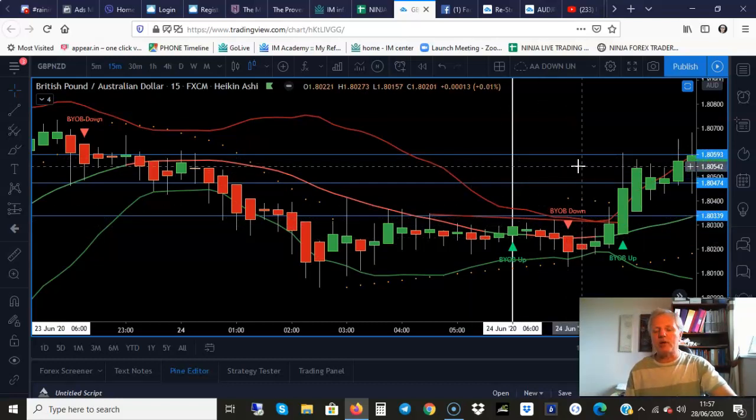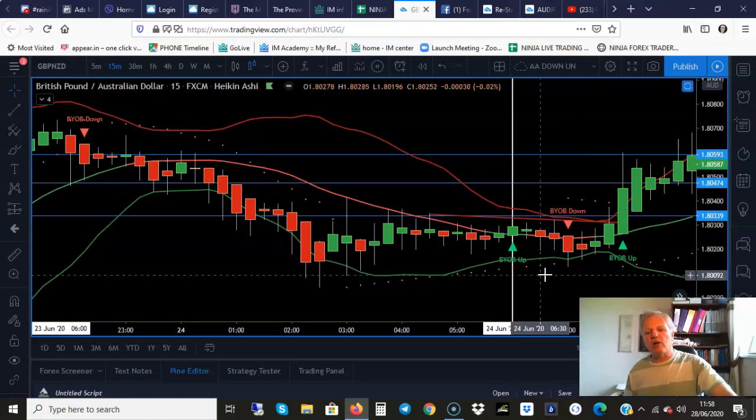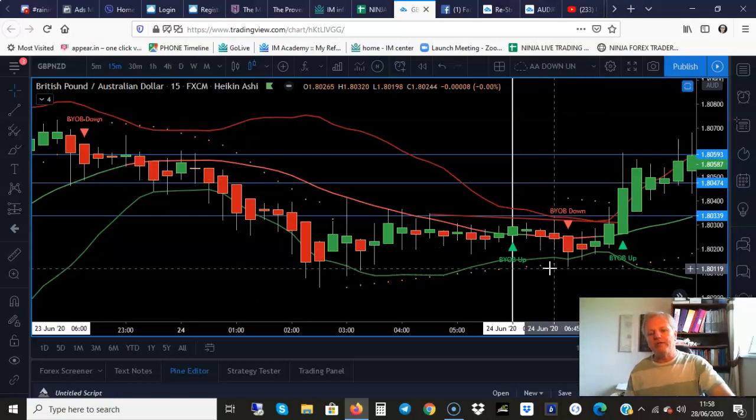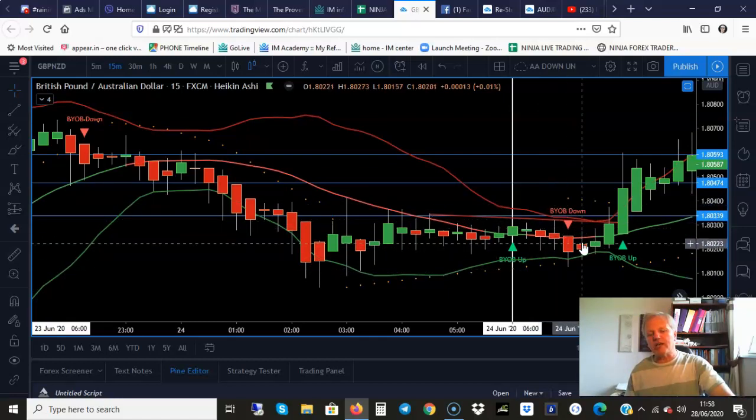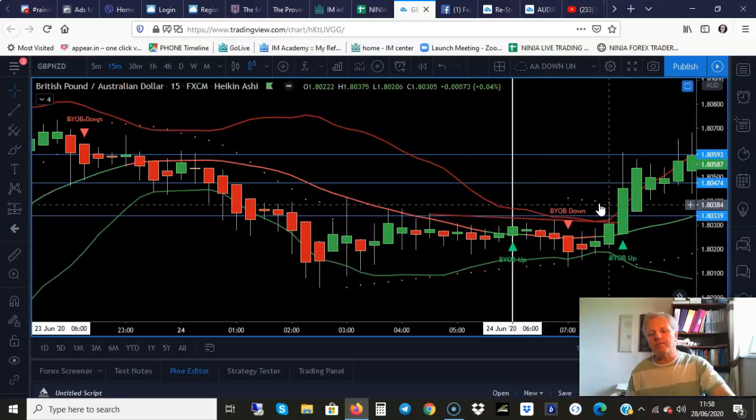It is not available anywhere else other than in our Ninja team, which is what we call ourselves. It recognizes the parabolic flip from below the price to above the price to get you into the trade. It recognizes a flat bottom candle on the Heikin Ashis, and once those conditions are met, then it gives you the BYOB up or BYOB down, and then we enter the trade.